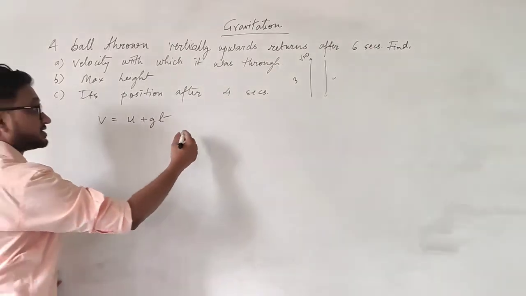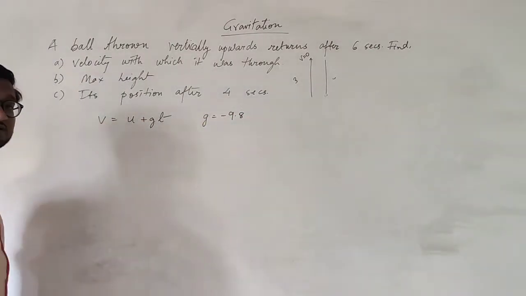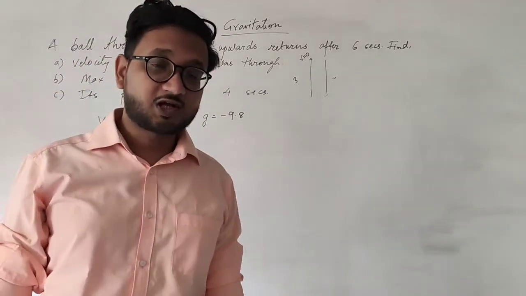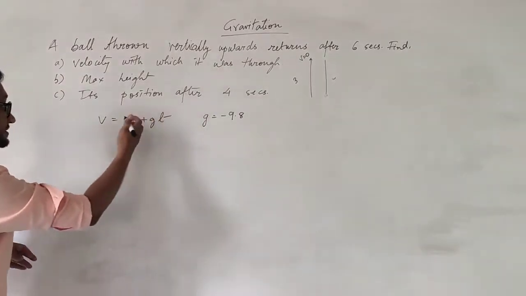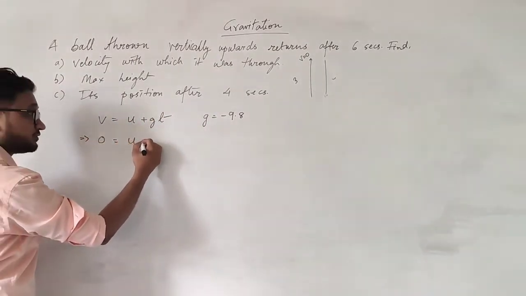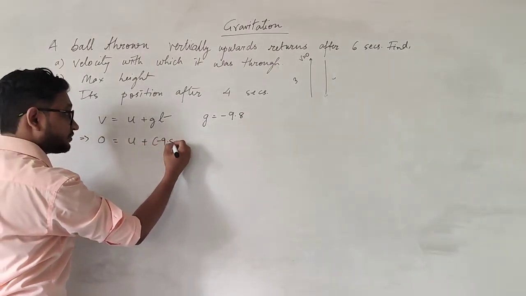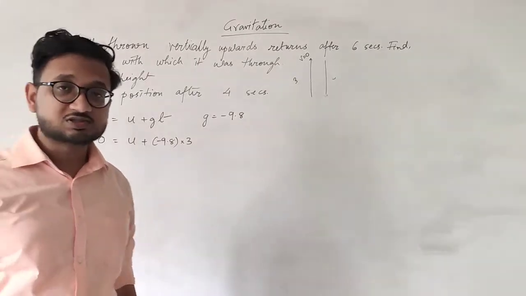And what is acceleration? Because it is thrown upwards, we will take g as minus 9.8. I hope it is clear to students. Simply substitute the values. V is 0, u you need to find, g is minus 9.8 and time is 3 seconds for going upwards.